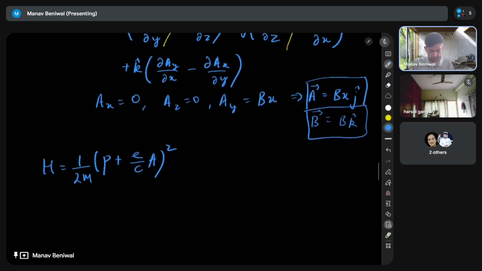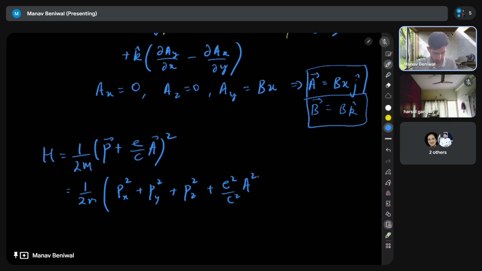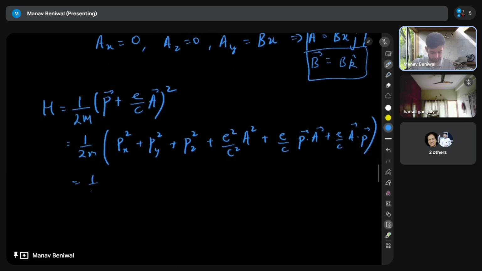We can expand this bracket. So these are vectors, and what we'll get here is px squared plus py squared plus pz squared, plus e squared by c squared A squared, plus e by c P dot A, plus e by c A dot P. We'll have all these terms, and therefore we can write this as px squared plus py squared plus pz squared, and this thing.